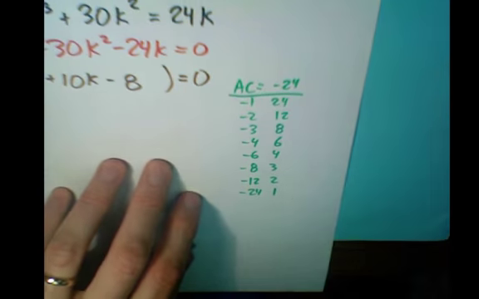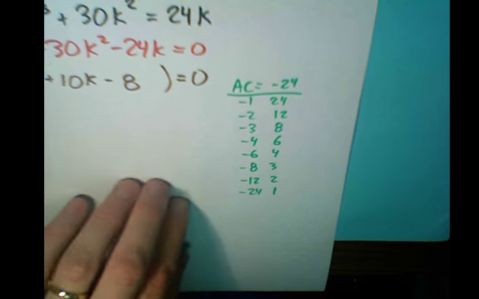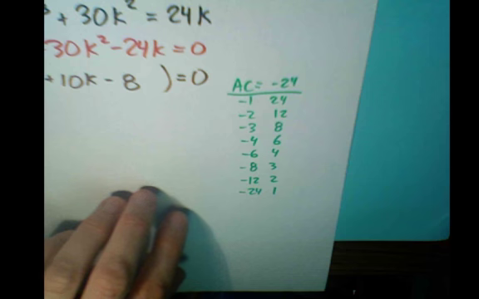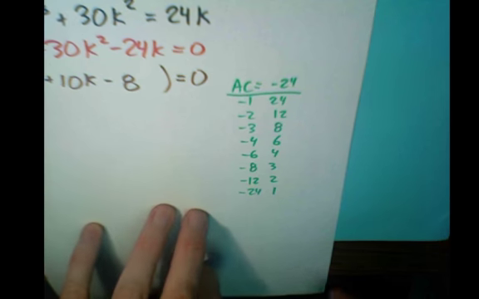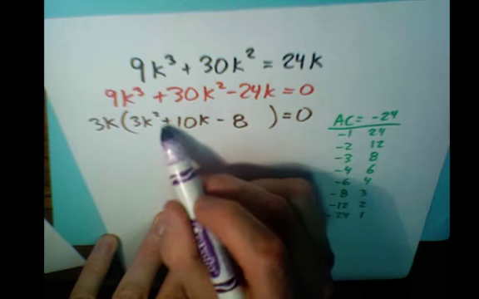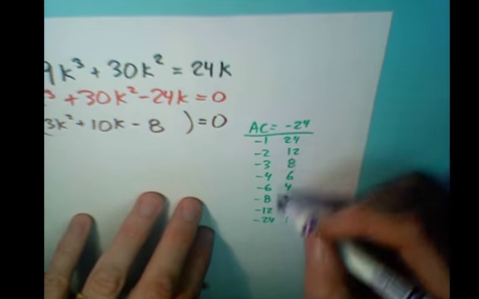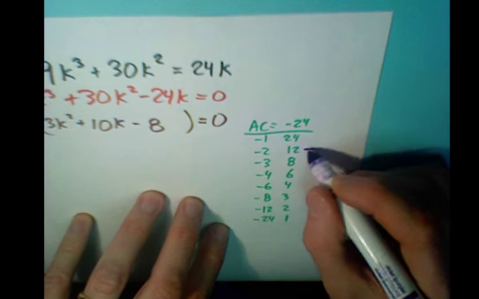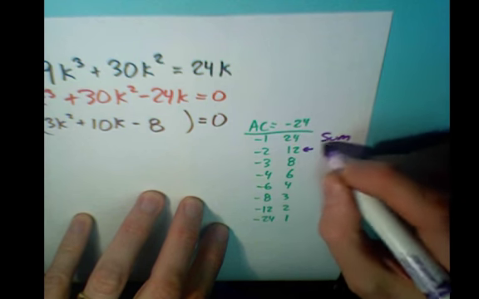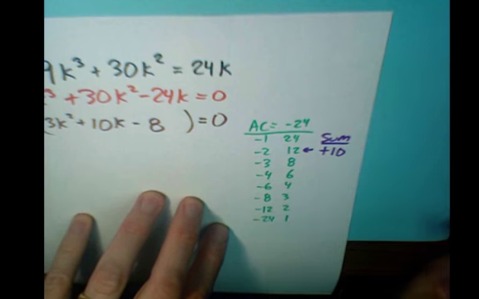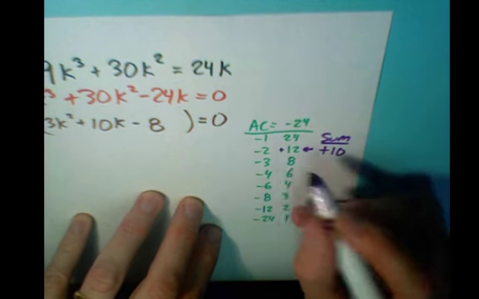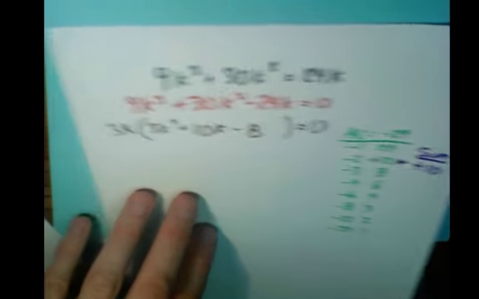When you use the AC method, you really don't need to write all of the factors. You just need to write enough of them, or at least think of enough of them, because our goal is to get a positive 10. And which of these adds up to a positive 10? It's this one right here. The sum of these is a positive 10. So we want a negative 2 and a positive 12.